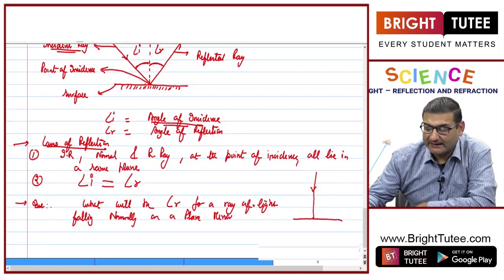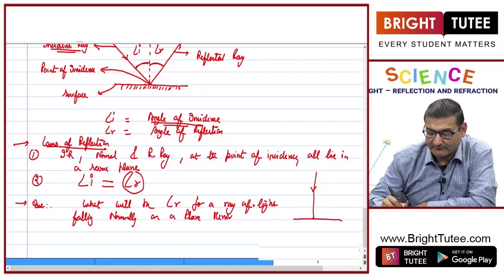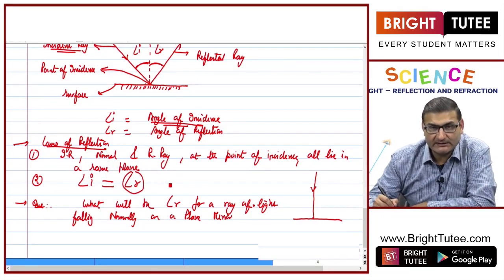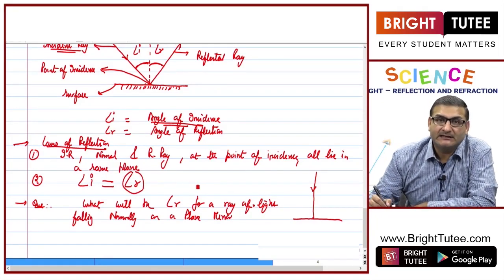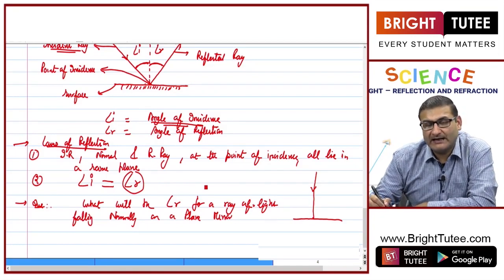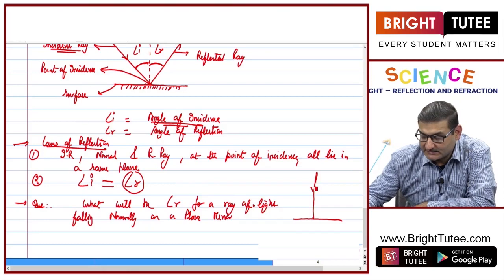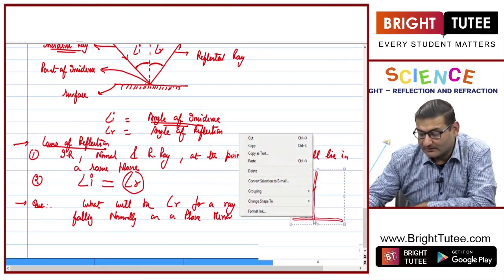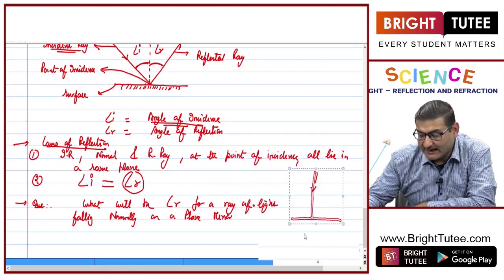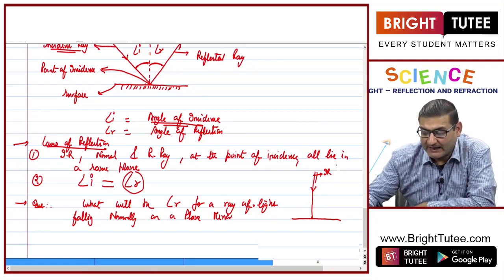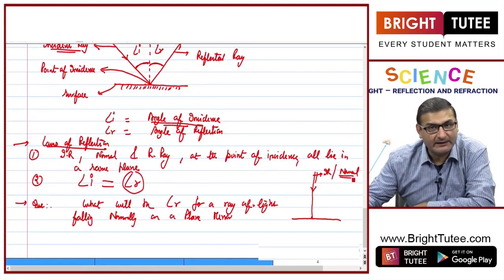We know the angle of reflection is the angle between the normal and the reflected ray. First of all, this is the incident ray coming. This is the point of incidence. At this point we will draw a normal. Coincidentally, the incident ray is the same as the normal, because this is also perpendicular.